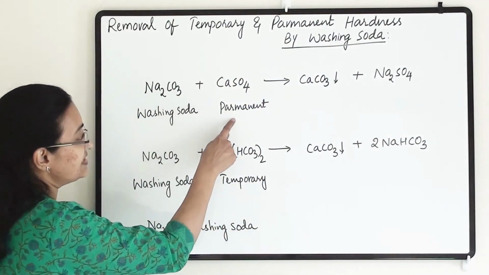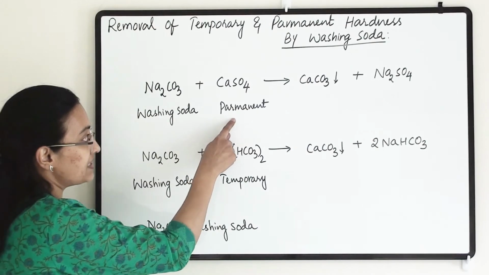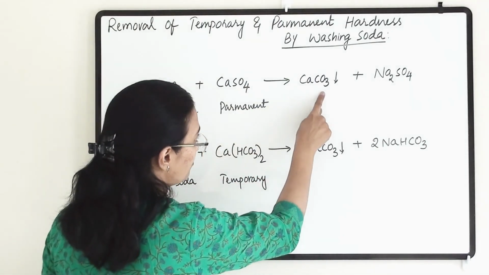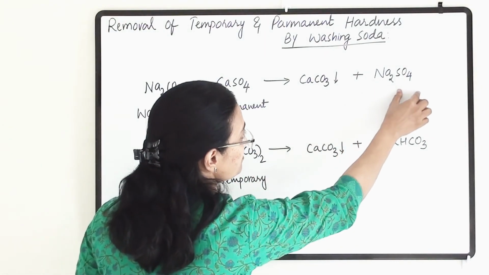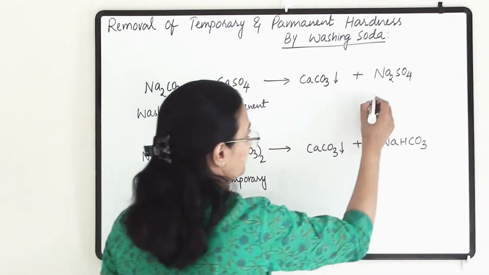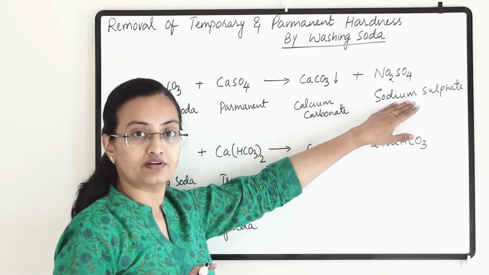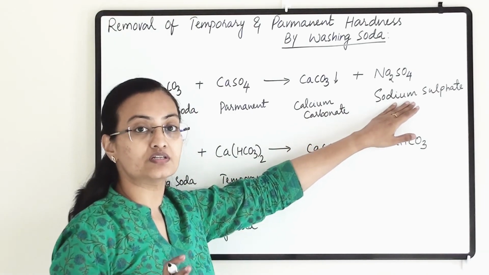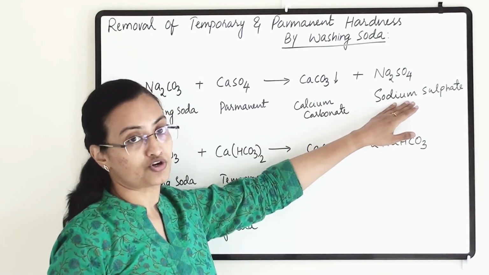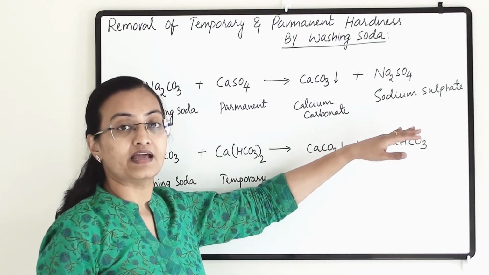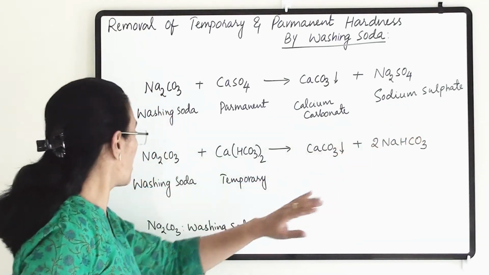So when it is dealing with permanent hardness, we will get calcium carbonate and sodium sulfate as products. So calcium carbonate will precipitate out, whereas sodium sulfate will remain in the water and it will not interfere with the washing action. It will not create any type of hardness in the water.